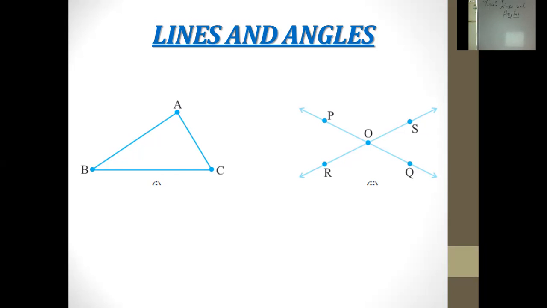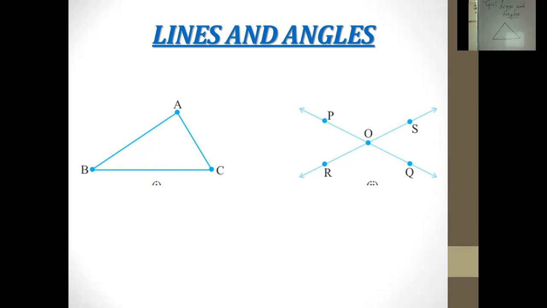Let me draw here first for the idea. In the first one, they have drawn a triangle by using the lines concept. So this is a triangle, joined and made from the lines.